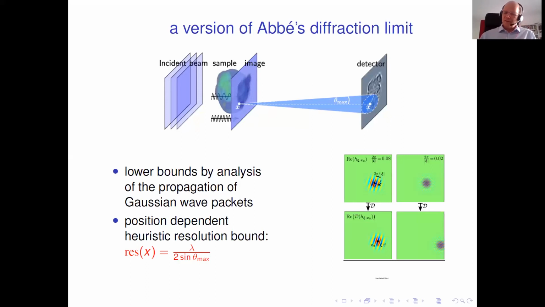And then it's also clear that in the worst case, the Gaussian wave packet moves to the nearest boundary, and so then you have a smaller resolution close to the boundary than in the middle.